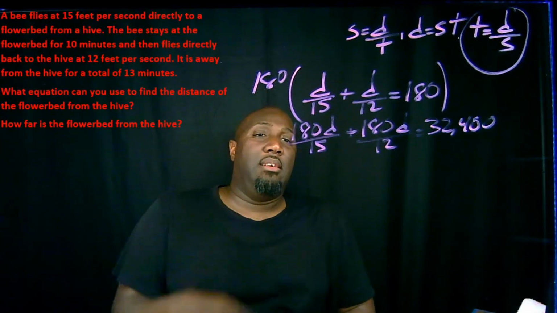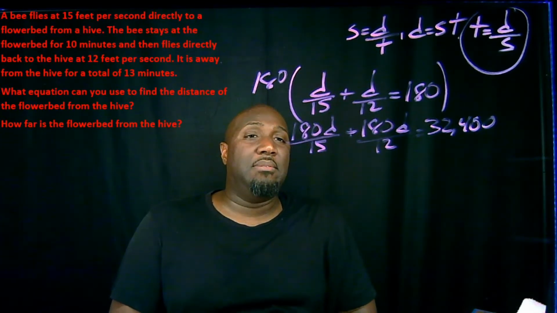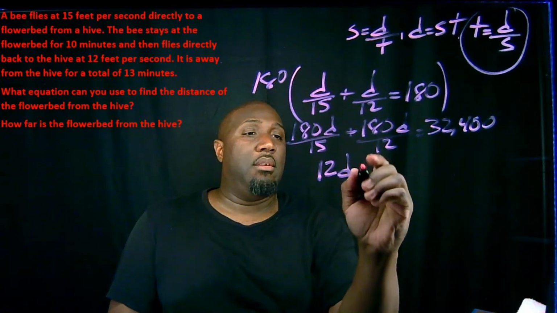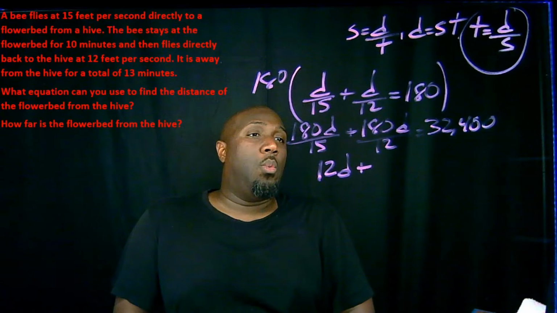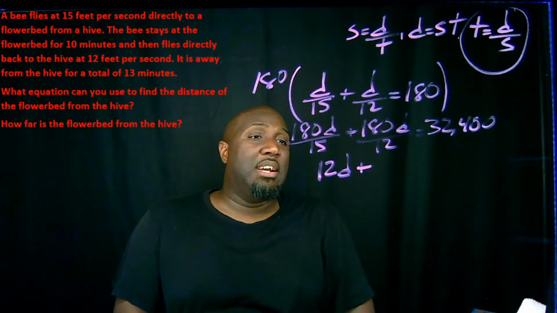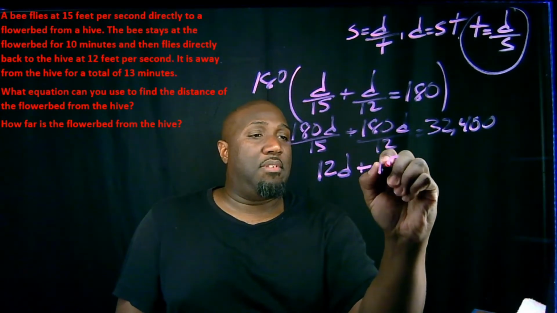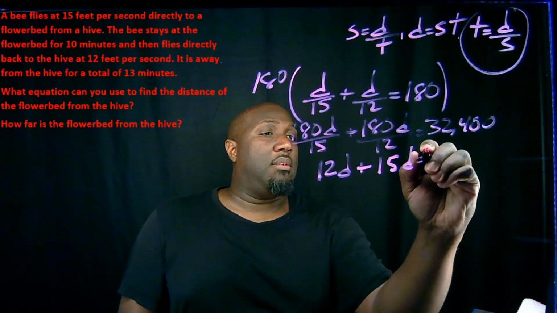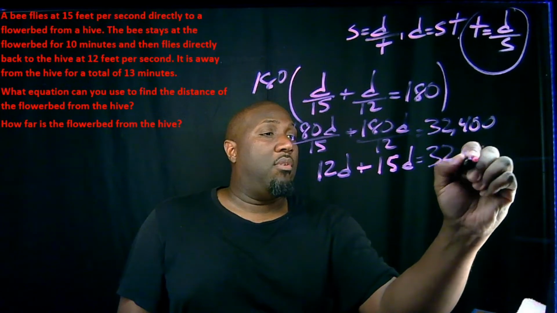So 180 divided by 15 is 12, so we have 12D, plus 180 divided by 12 is 15, so we have 15D, and that equals 32,400.